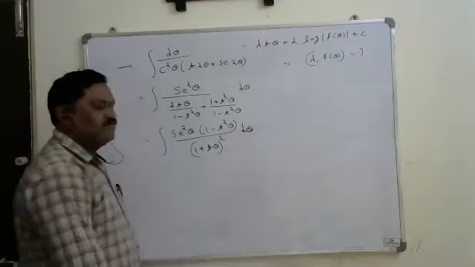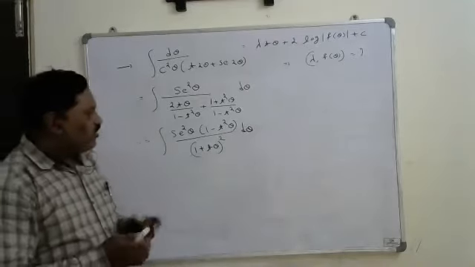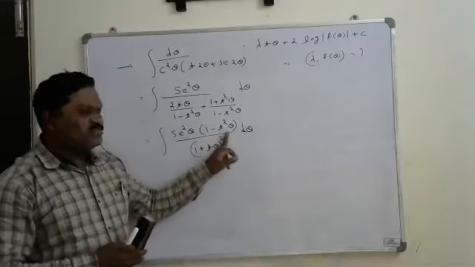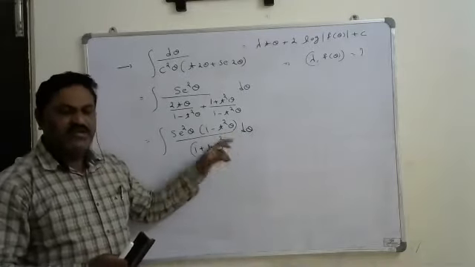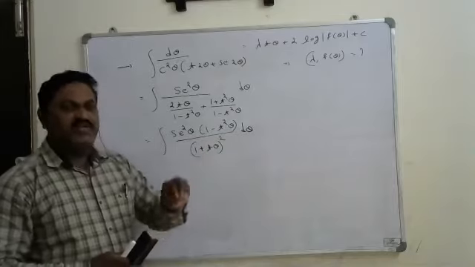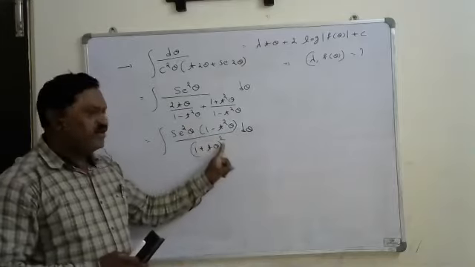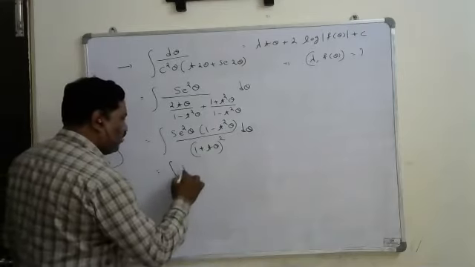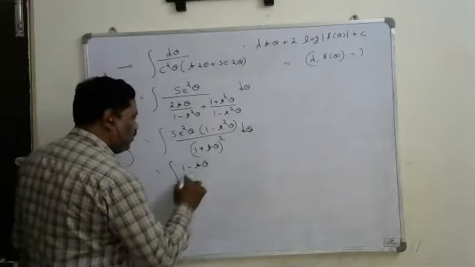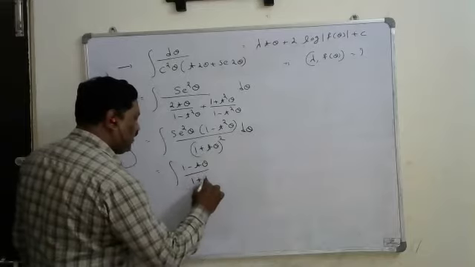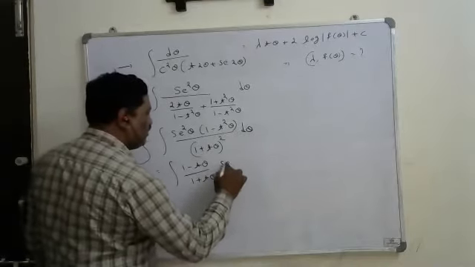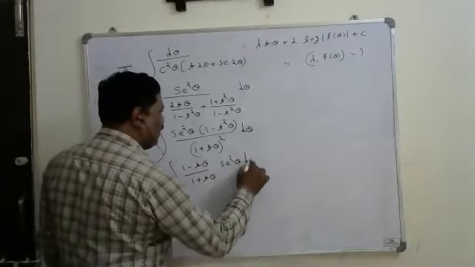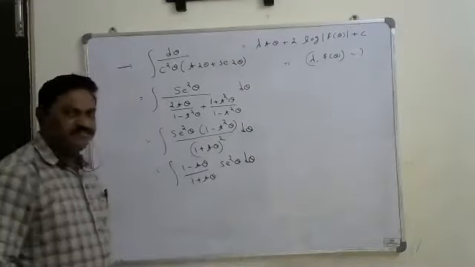Now observe the numerator, 1 minus tan square theta. We can write that as (1 plus tan theta) into (1 minus tan theta). So 1 plus tan theta gets cancelled. The remaining is (1 minus tan theta) upon (1 plus tan theta) into secant square theta d theta. The problem simplifies like this.